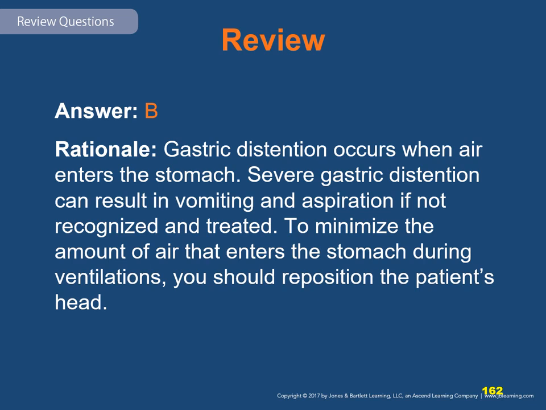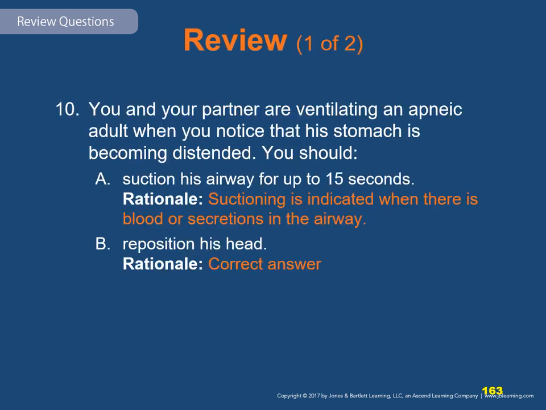So let's look at the incorrect answers. A, suction his airway for up to 15 seconds for somebody who has become distended in the stomach. Suctioning is only indicated when there are blood or secretions in the upper airway. B, reposition his head.